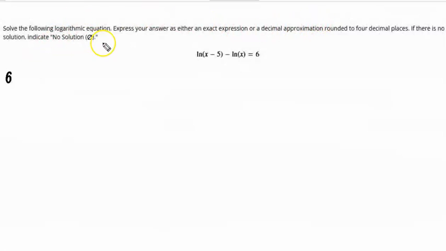Okay, in example 6, as we look at it, it's pretty straightforward. It's in its expanded logarithmic form.